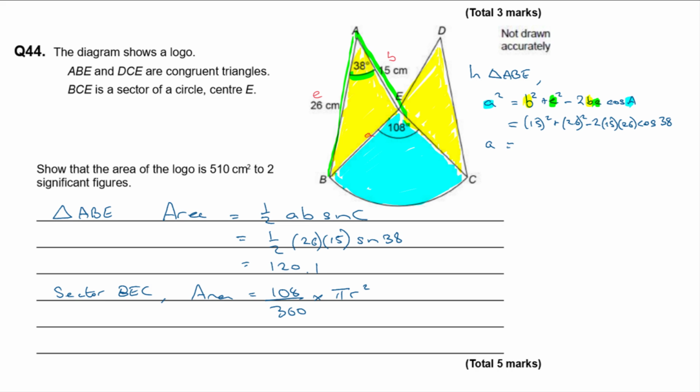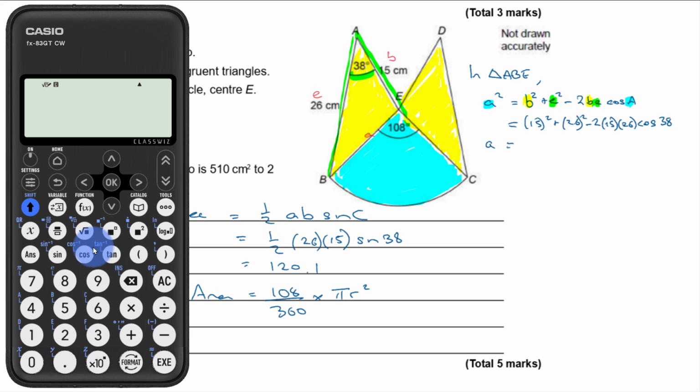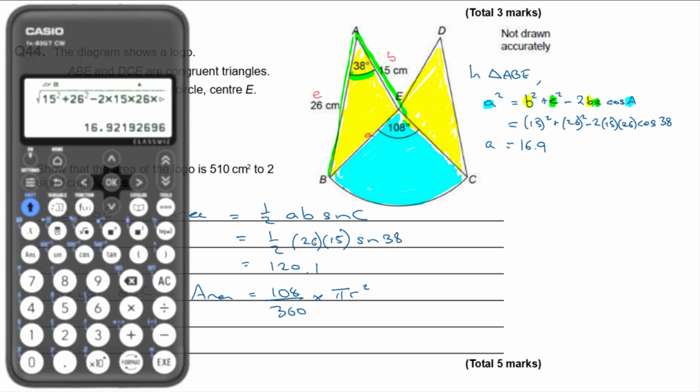So root, then 15 squared plus 26 squared minus 2 times 15 times 26 times the cos of 38. Close bracket. Boom, what's that then? That's 16.9 to one decimal place. So a is 16.9. So that's going to be my radius, isn't it?